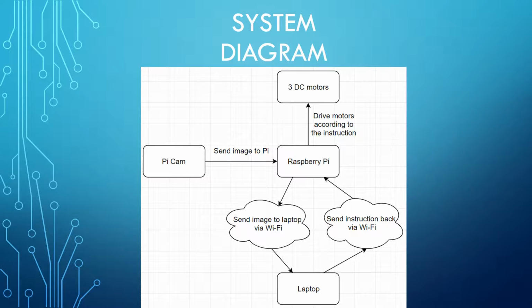A convolutional neural network is applied to perform object detection, which will allow the robot to interact with the environment. To reduce the neural network computing time, the image taken from the PiCam will be encoded and sent to the laptop via Wi-Fi.